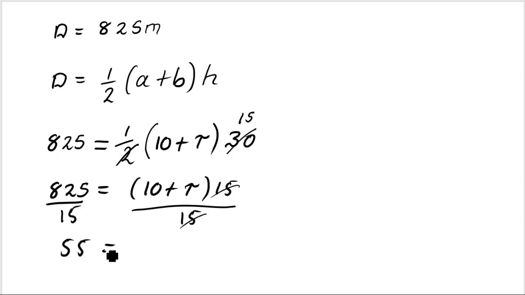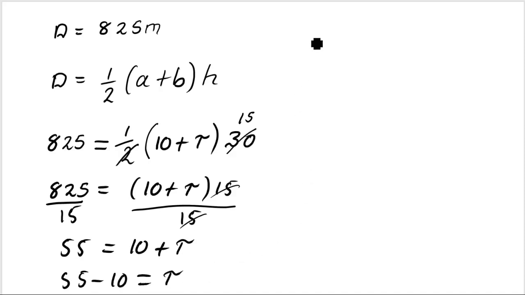So we say 55 is equal to, this side we've remained with 10 plus t, and then you just make t the subject by taking 10 to the other side. We are therefore going to have 55 minus 10 is equal to t.